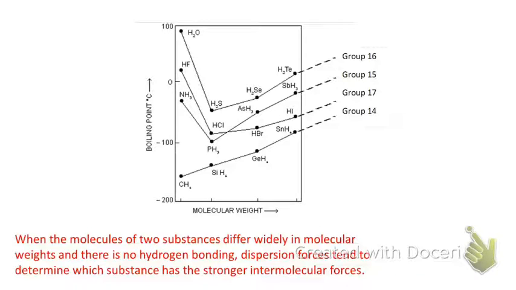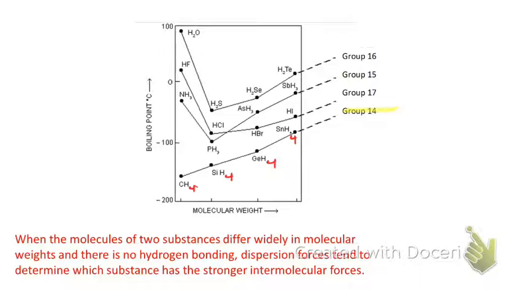Okay, and so when we look at this graph, for instance, let's look at group 14. This is group 14 on the periodic table. What we're going to do is take each element in group 14, and they're going to be bonded to 4 hydrogens. So essentially, we have CH4, SiH4, GeH4, and SnH4.